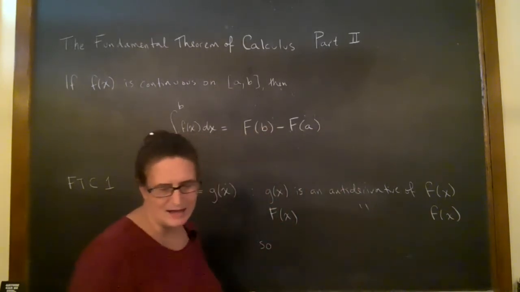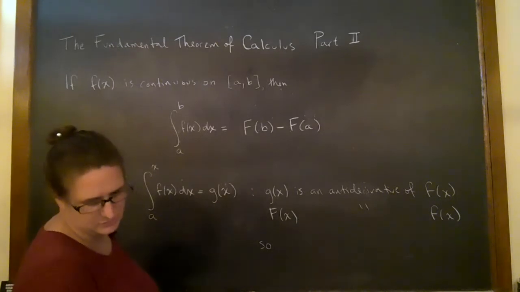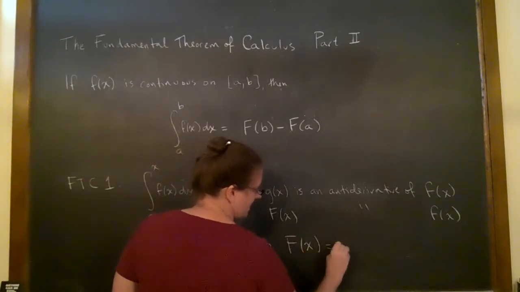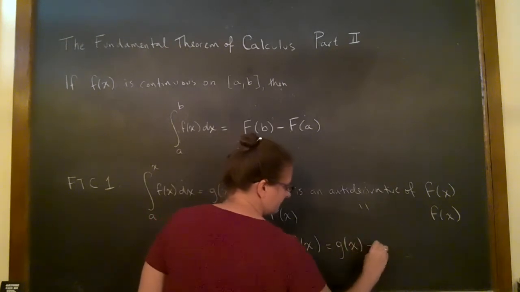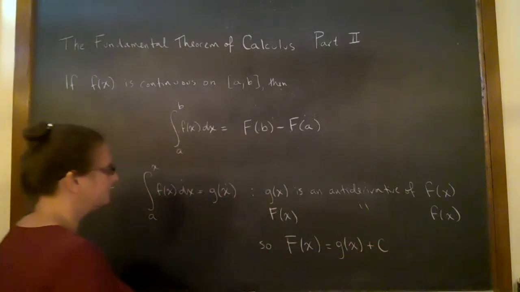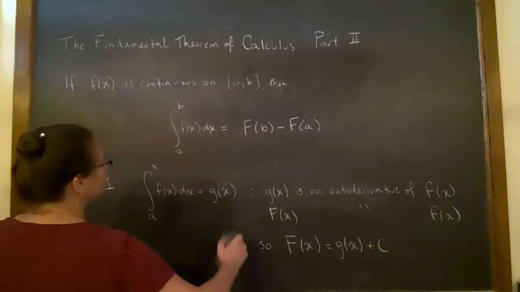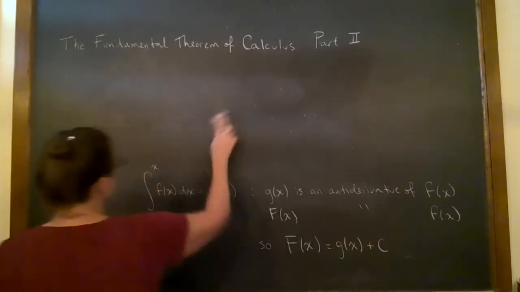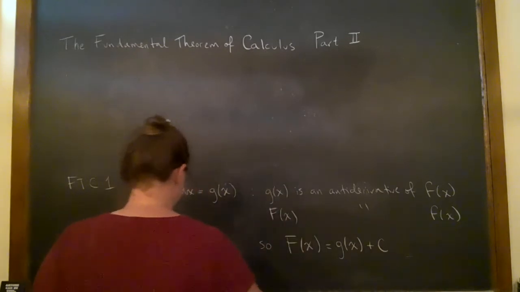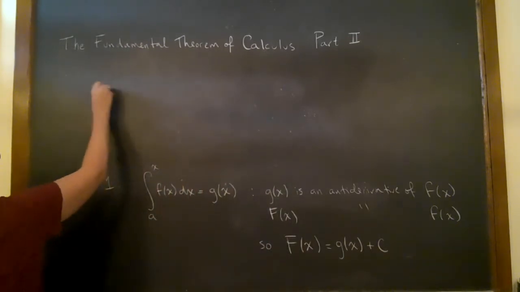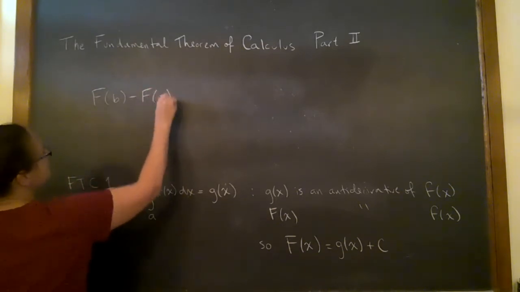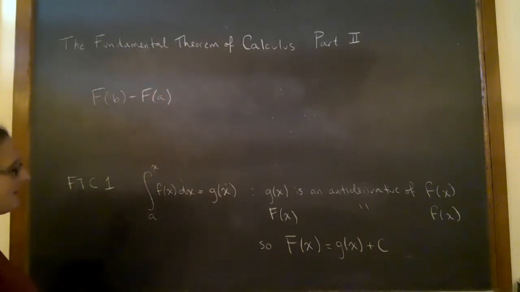So big F and little g are basically the same up here. Right? Now that we have that, let's look at that right-hand side: big F of b minus big F of a.